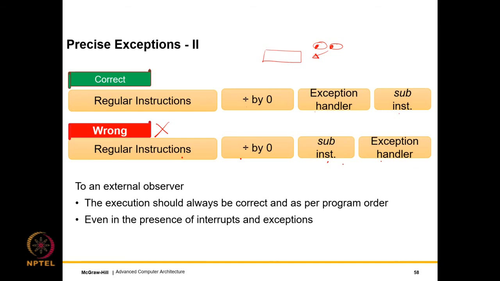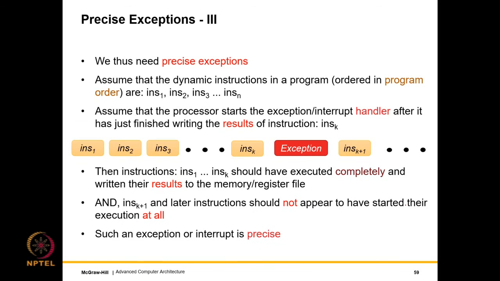This is indeed out of order, but out of order should be visible inside, not outside, which means that to an external observer, the execution should always be correct, should always be as per program order. Even if there are interrupts and exceptions, externally it should be in program order.